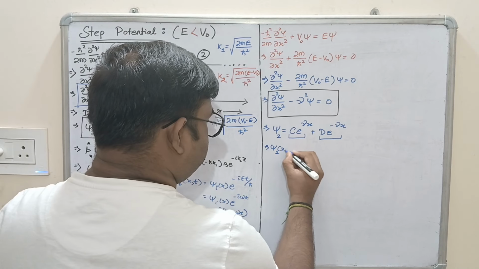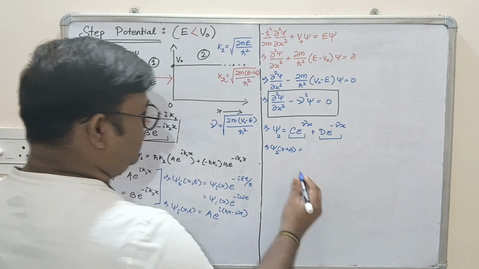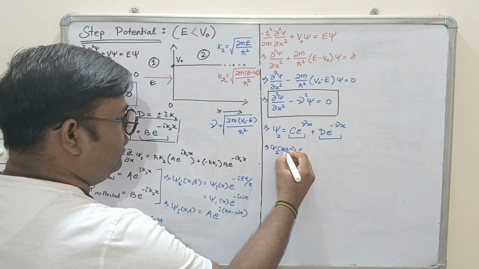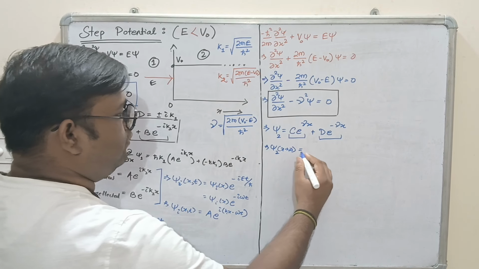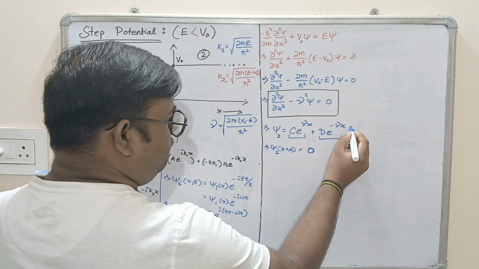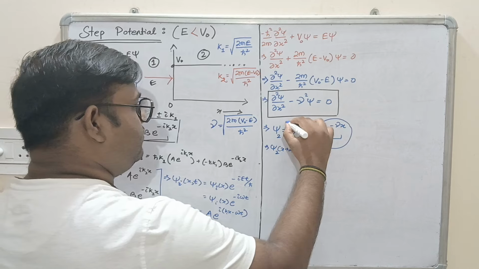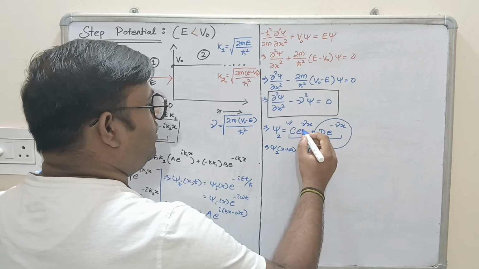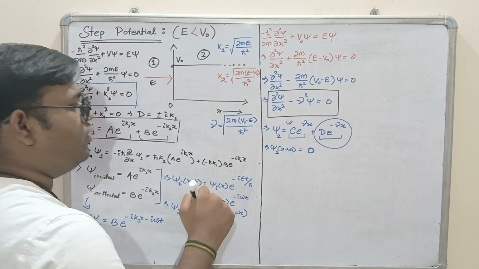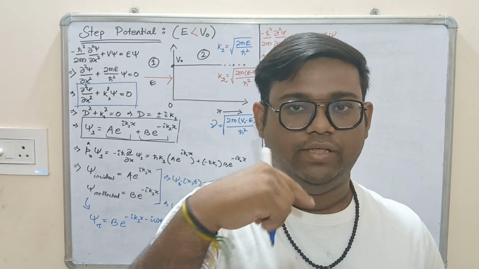When x tends to infinity, a wave function must be valid, so the wave function must be 0. Now this wave function will come out to be 0, but this wave function c e to the power nu x is not coming out to be 0. This wave function is diverging in nature.